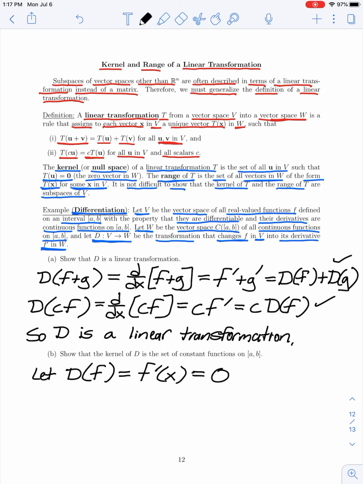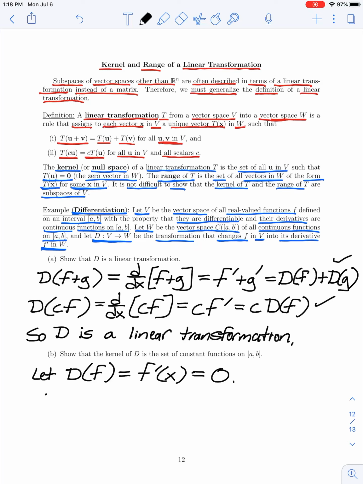So say that our function is a function of x, D of f would be f prime of x, and to find the kernel, we're looking for the function such that that image is equal to the 0 vector in the space W, which would be the function which is identically 0.